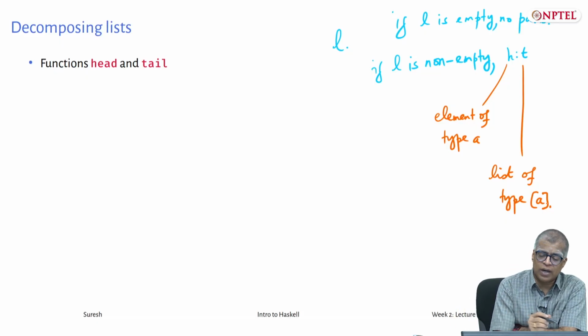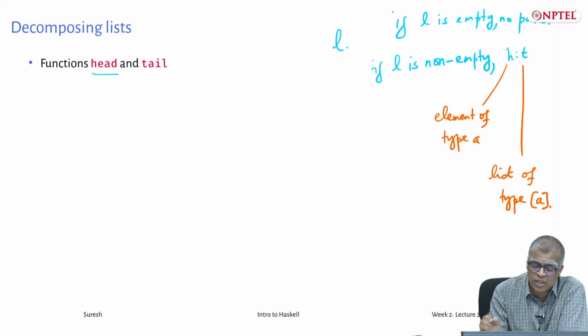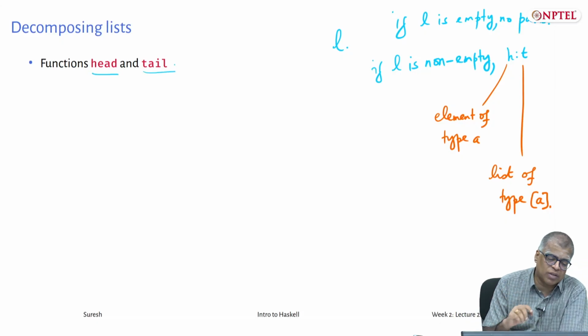One function is called head and one function is called tail. Head returns the H part of the list, tail returns the T part of the list.